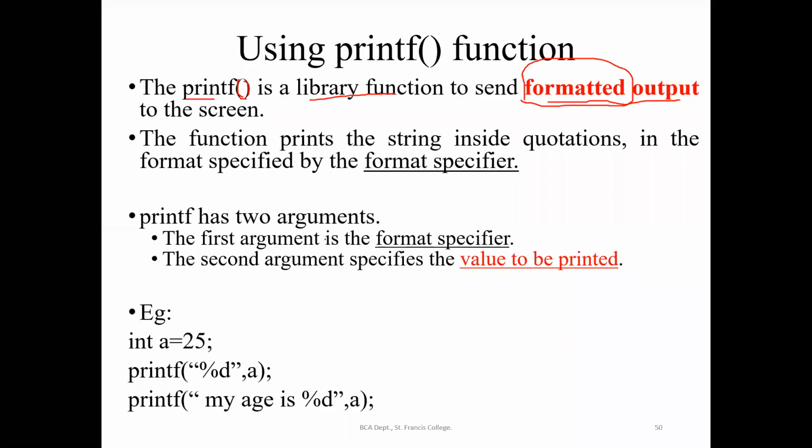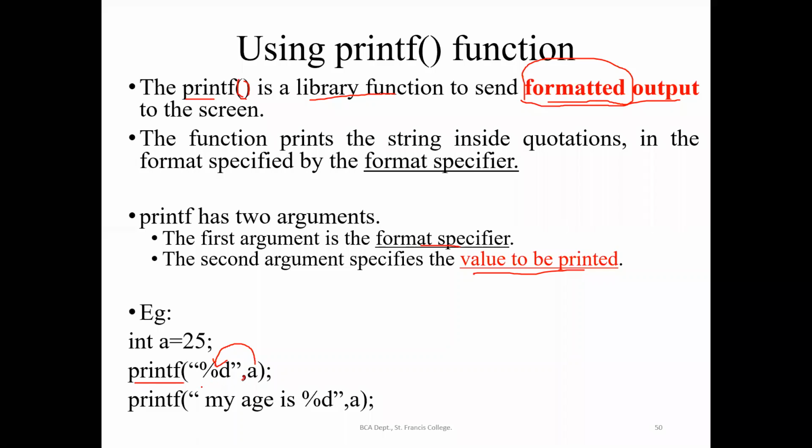And if you want the value of a variable to be printed, you have to specify two things: the format specifier and the variable name whose value has to be printed. So this is one method of using printf. If you want to print the value of A, you have to give two arguments separated by a comma.